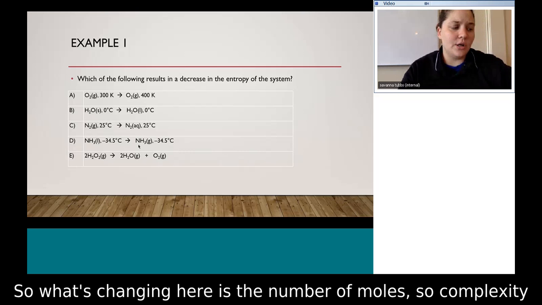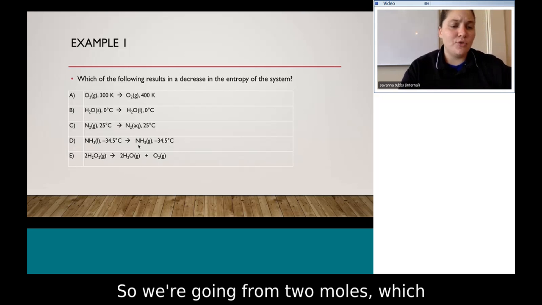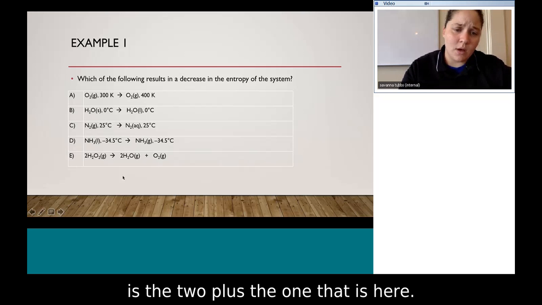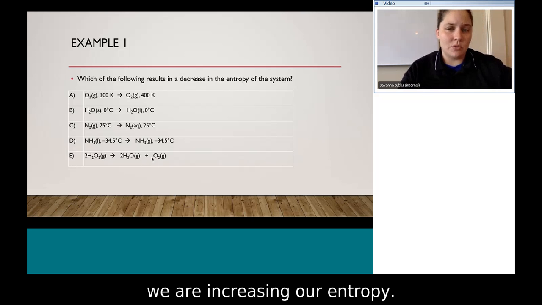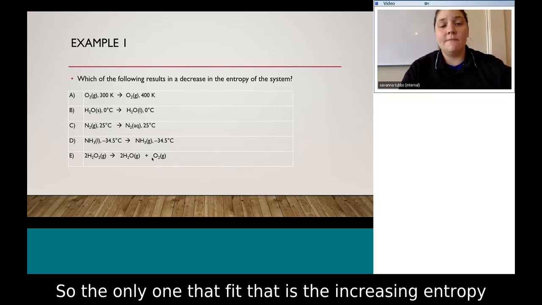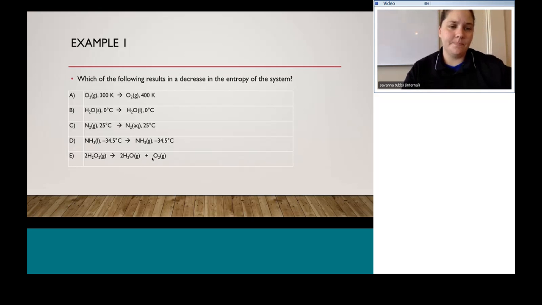So what's changing here is the number of moles, so the complexity or the structure. We're going from 2 moles, which we know from the coefficient, to 3 moles, which is the 2 plus the 1 that is here. Because we're increasing from 2 to 3 moles, we are increasing our entropy. So E cannot be our answer either. So the only one that fits, decreasing in entropy, is going to be C, because we're going from gas to liquid.